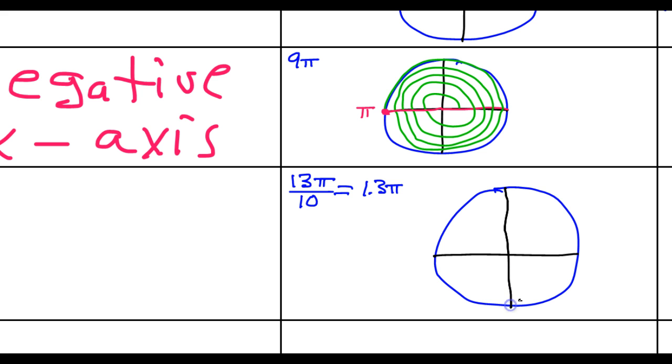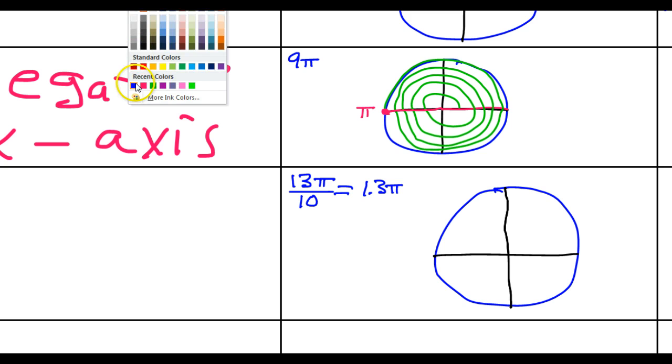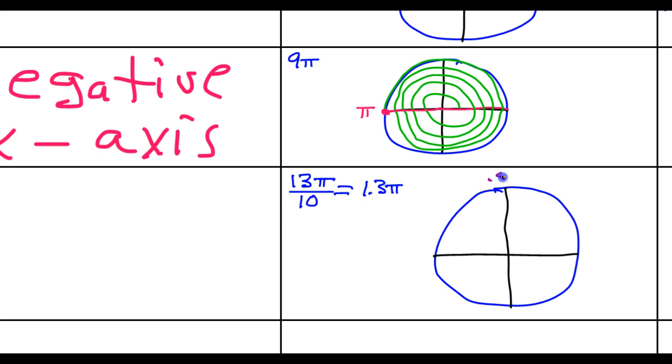So in decimal form, here at the top, this is 0.5 pi, half of a pi. Over here, this is 1 pi. If I kept going, here's another half a pi, so this would be 1.5 pi. And if I went all the way around, I'd be at 2 pi. So 0.5, 1, 1.5, 2.